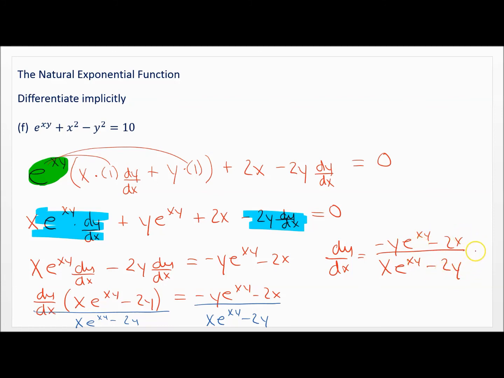You would look to see if you could simplify anything there. I'm not seeing anything. Make sure your x's look like x's and y's look like y's. Notice I'm struggling with that a little bit. And I think that's about as simple as that gets.